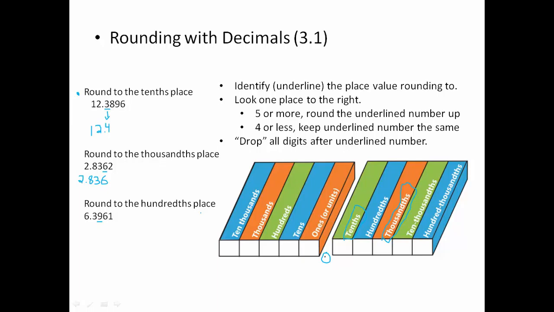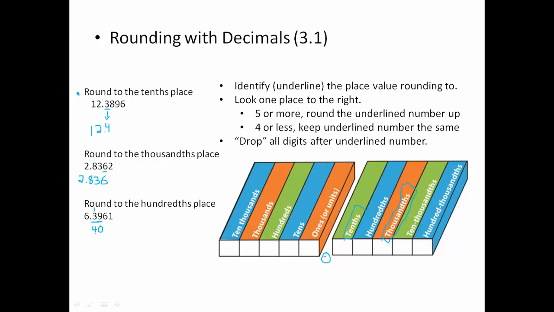Now we have a problem, because I can't round the 9 up to a 10 and fit both digits into one place value. There's a couple ways you can think about this. 9 can't go up to a 10 in one spot, but I can make that 39 go up to a 40. That's one way to think about it. Or you can think I can make the 9 go up to a 10 if I carry the 1 to the next place value. 3 plus 1 would give me a 4.